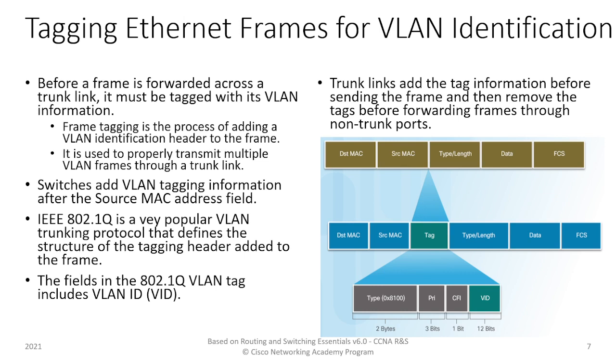So we have looked at some of the benefits and why we use them. Now, if we go into looking in a bit more detail at how we use the VLAN information: whenever a frame is forwarded across the switches, the information that it belongs to a particular VLAN should be attached to that frame, and then it will be transferred across.